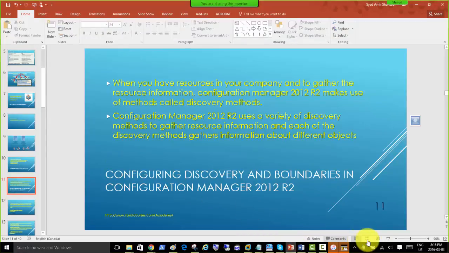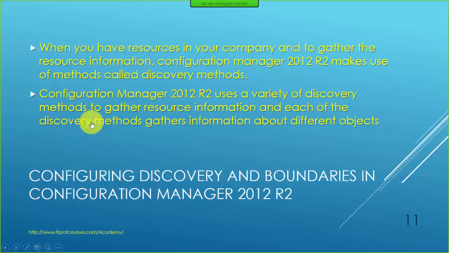If you go back to the slide, first of all, Configuration Manager 2012 R2 uses a variety of discovery methods to gather resource information, and each of the discovery methods gathers information about different objects. So there are computers, there are users, printers, routers, whatever has an IP address, right?